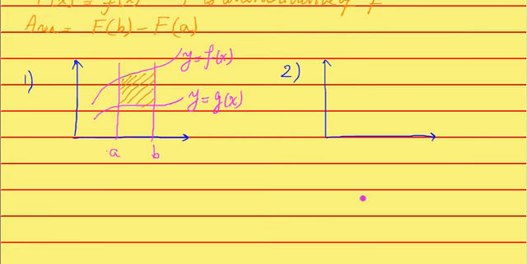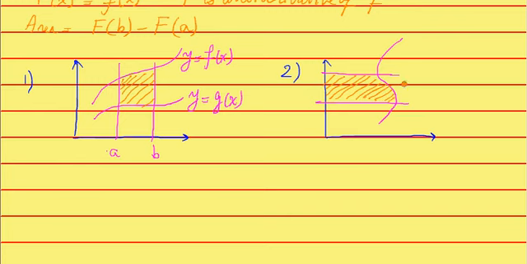The picture could look something like this. You might have some sort of a curve like this, and the beginning and end of the region might be drawn in this fashion, and you're still interested in calculating this area limited by these curves.